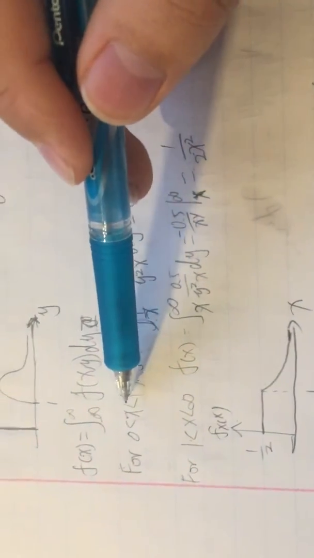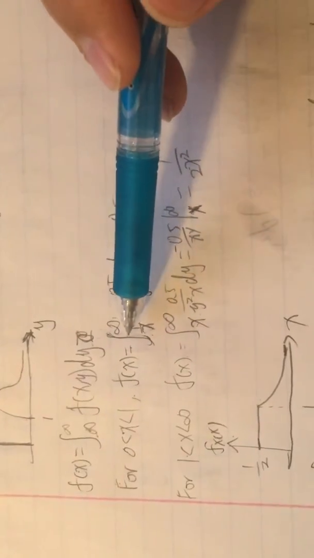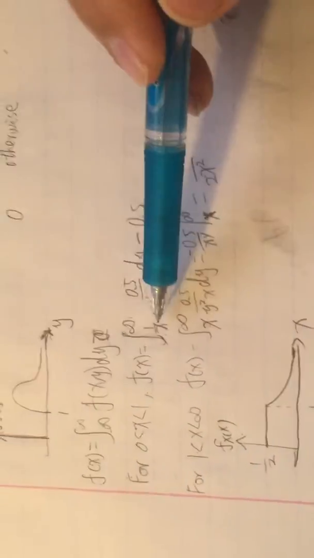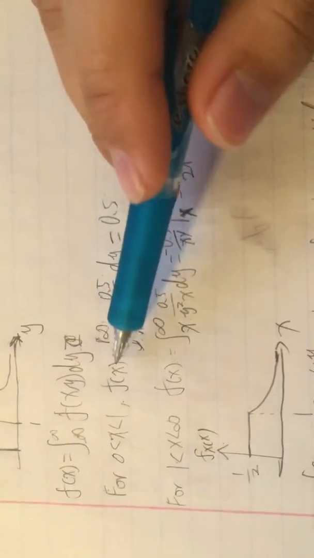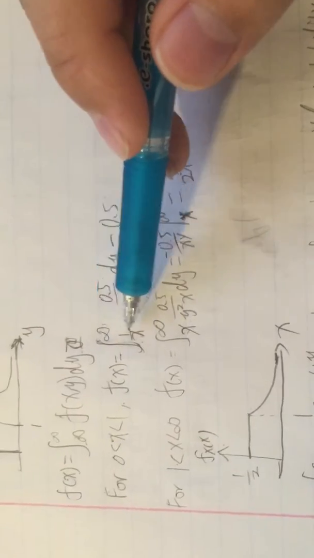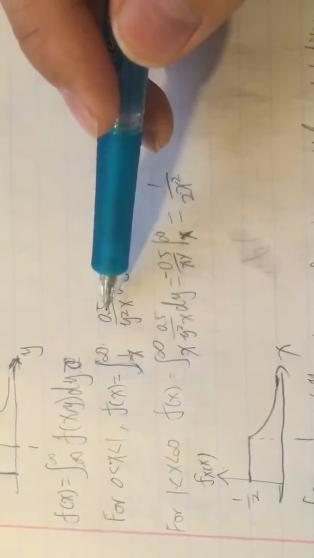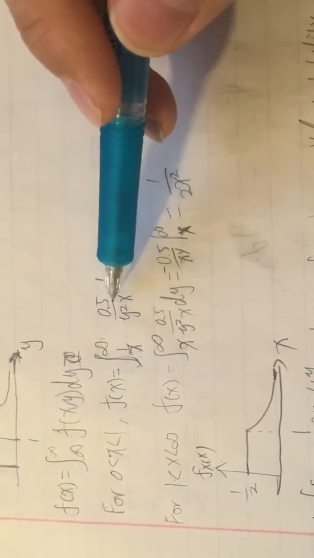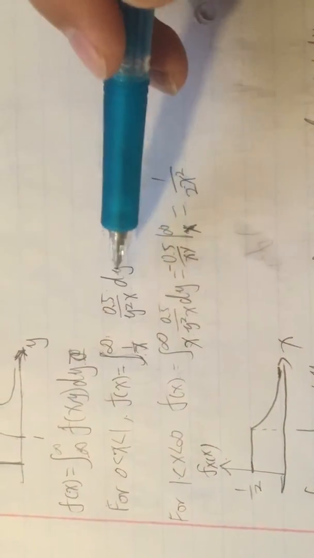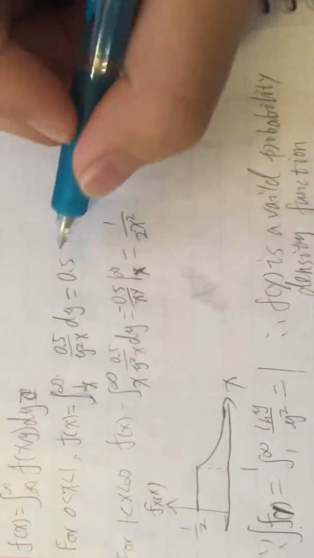For x between 0 and 1, f of x equals the integral from 1 over x to infinity of 0.5 over y squared times x, times x dy, and this is equal to 0.5.